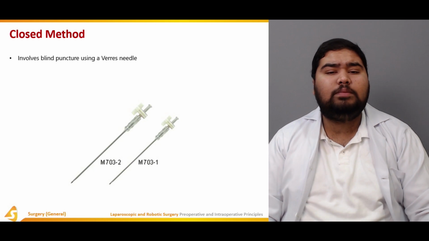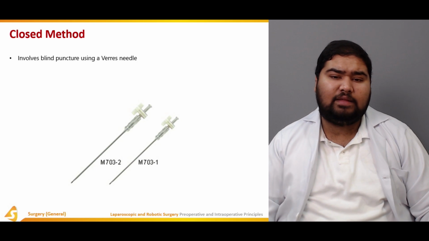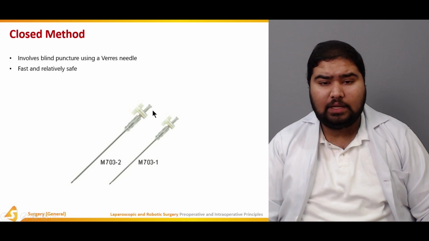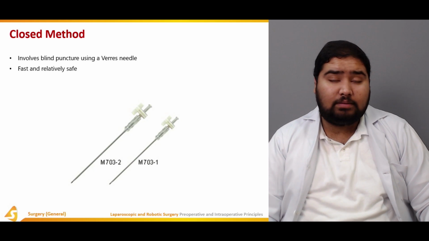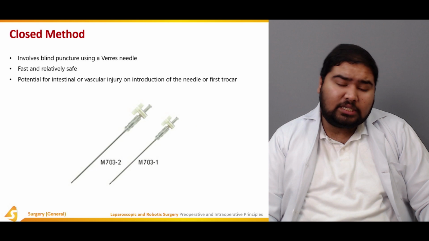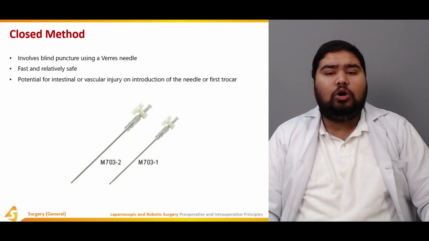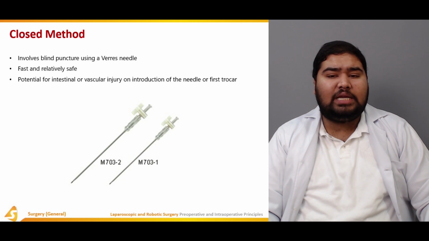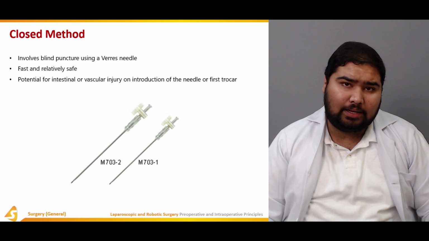So it involves blind puncture using a varus needle. Here you can see in the figure, these are the varus needles. Now it is fast and relatively safe, not completely but relatively safe. Potential for intestinal injury or vascular injury can occur with introduction of the needle or the first trocar.